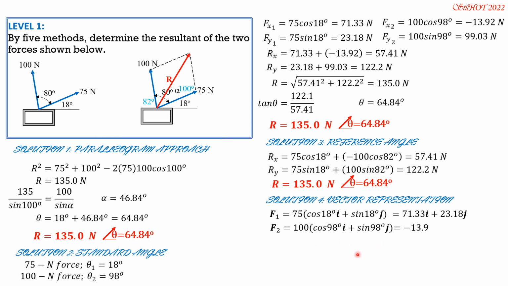So expanding, that's negative 13.92i plus 99.03j. Then add the two vectors. Then you will have R: 71.33 minus 13.92 i is 57.41i, then plus 122.2j. That's the answer because this is in vector form. There's no need to present theta, just the components.